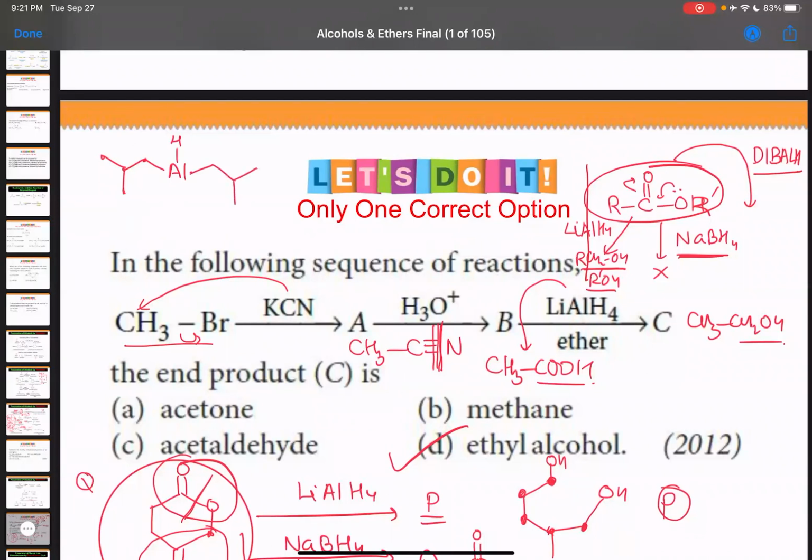Actually it has only one H. LiAlH4 was having 4 hydrogens, so it is a mild reducing agent. It will also reduce ester, but it will give only one H. So what you are going to get? RCHO. Is it clear?